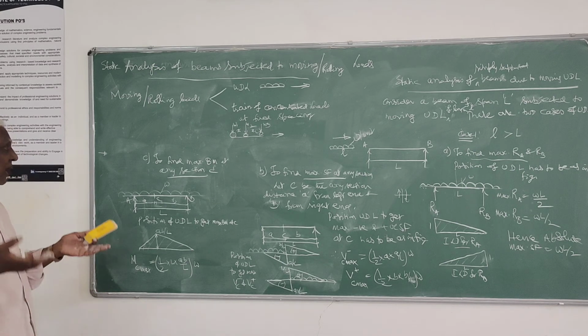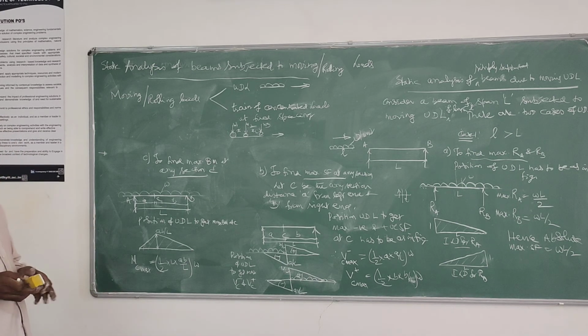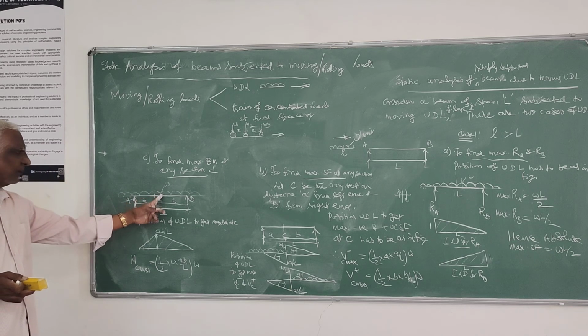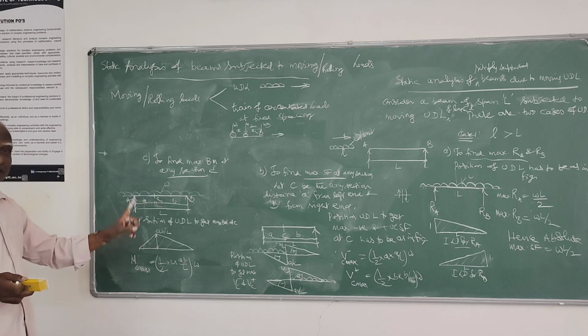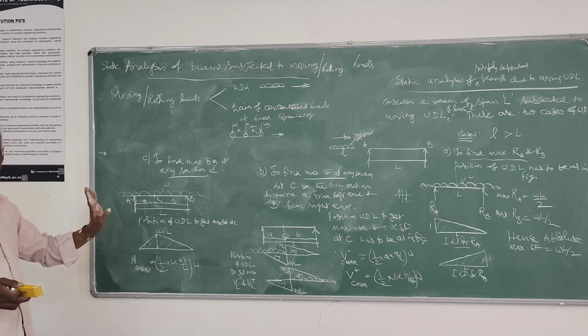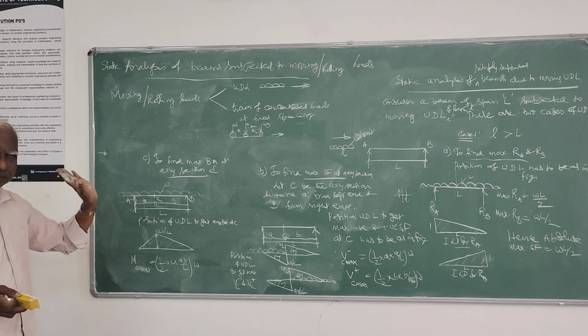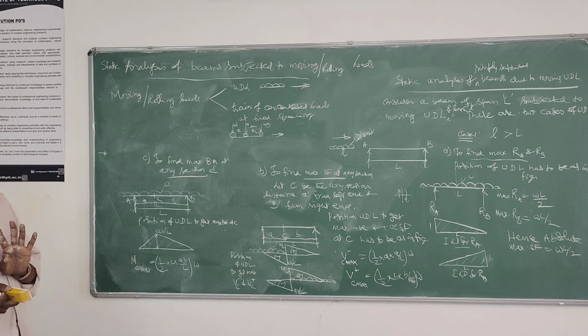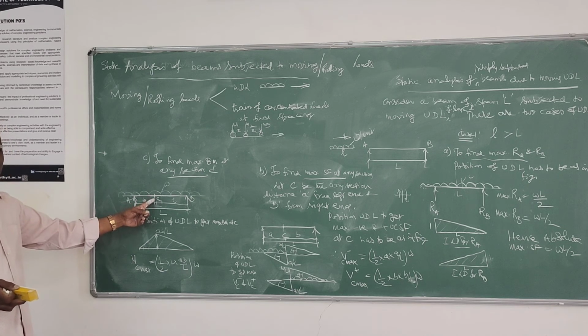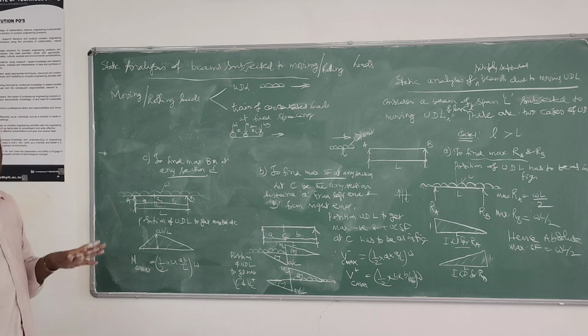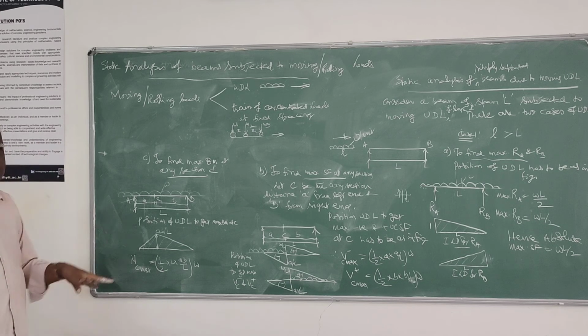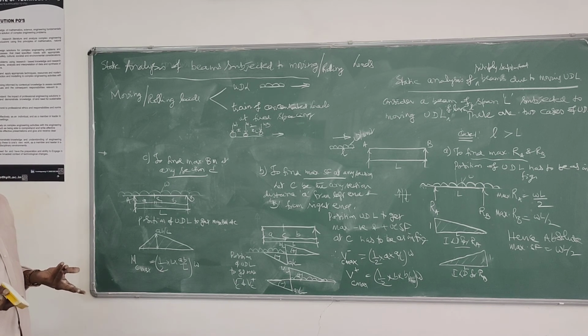Then you have to get the absolute maximum bending moment. For finding the absolute maximum bending moment in the beam, two things you have to determine: one is the position of load, another is the point where it occurs. Here the point is known. Maximum bending moment in a beam always occurs at the center point.